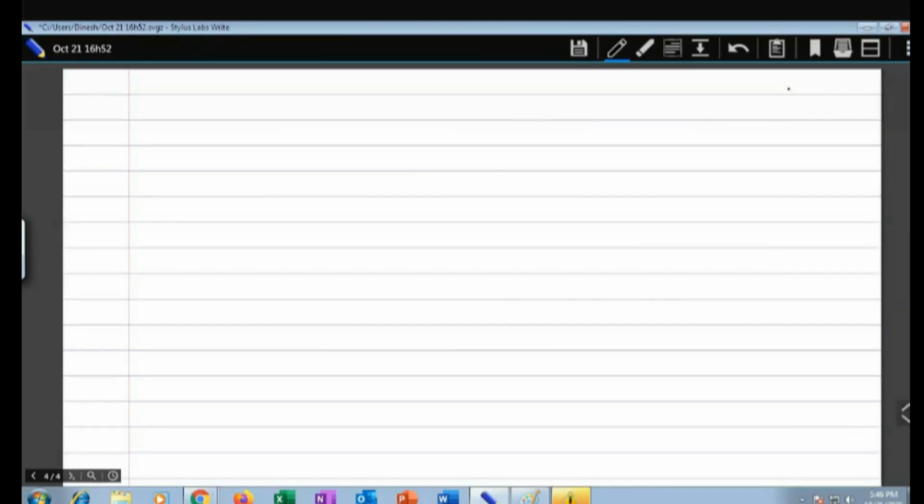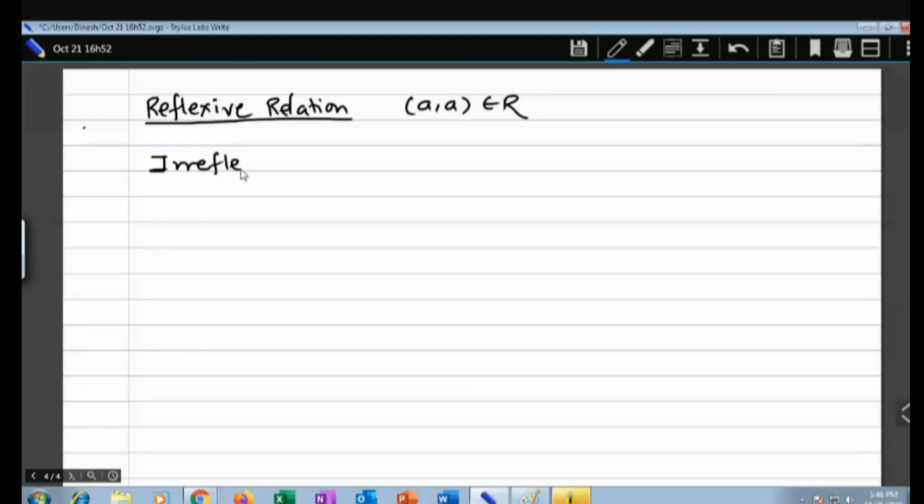Now we have seen the reflexive property, so I will just write reflexive again. What is a reflexive relation? That a comma a must be in R. Now we will see the irreflexive relation.